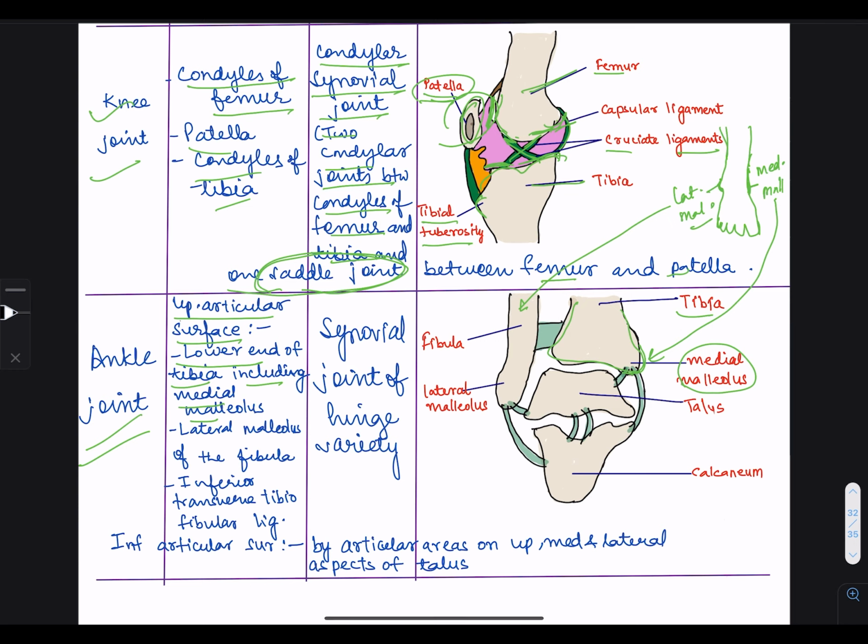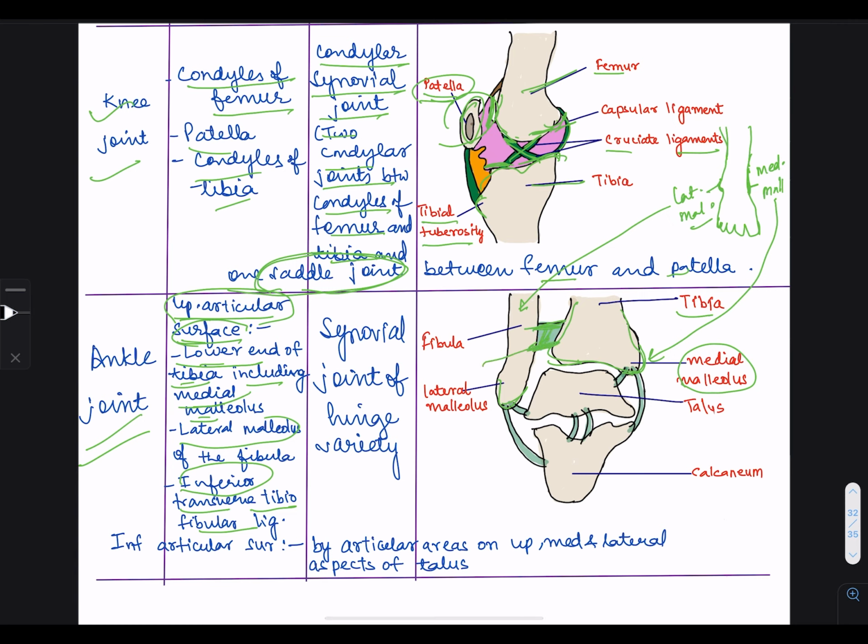So, the upper articular surface I have told you is the lower end of tibia, including the medial malleolus and the lateral malleolus. Both of these form the upper articular surface, along with the inferior transverse tibiofibular ligament. The tibiofibular ligament will also take part in the joint.